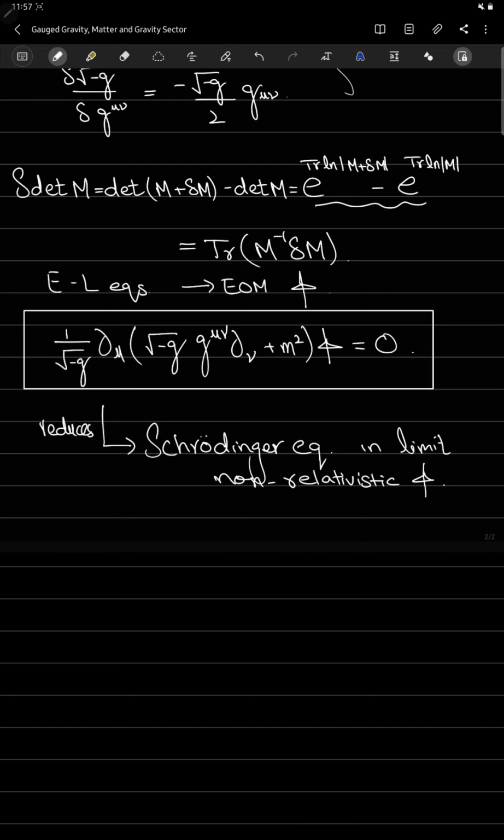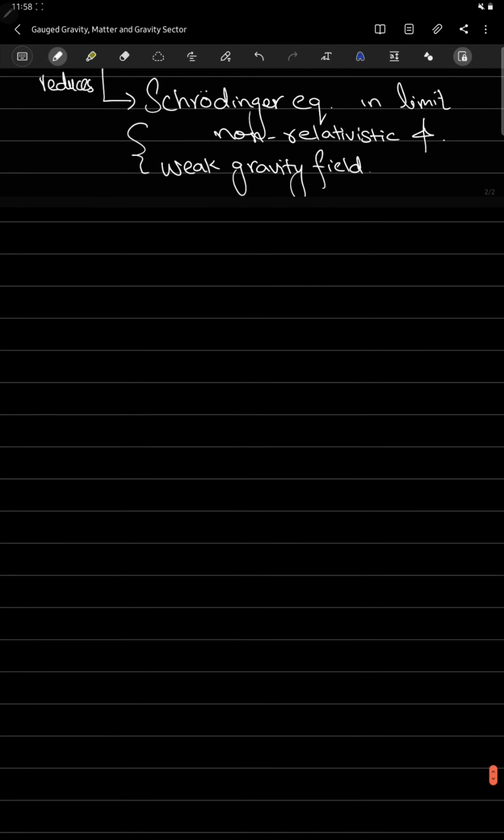So you get back your Schrodinger wave equation. And of course, you also make another assumption of a weak gravity field, which I'll discuss in further lectures. In fact, I will show you that this equation in this box indeed reduces to Schrodinger's equation in these two cases. Okay, now let's move a bit further and talk about the gravity sector of our discussion.